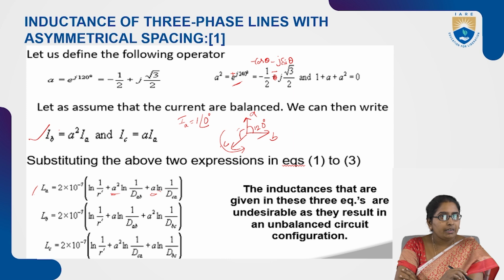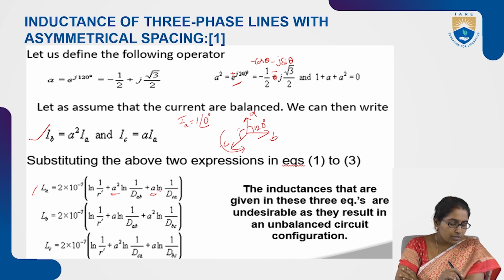Similarly, the inductance of conductor B is obtained in the same manner, where we substitute IA and IC from the above relations.